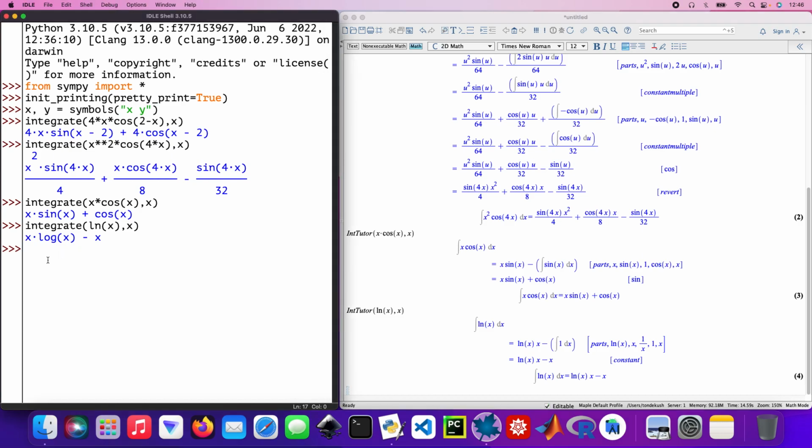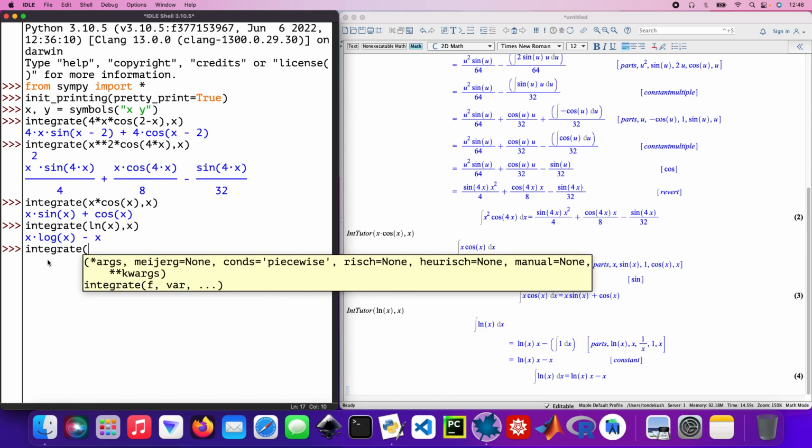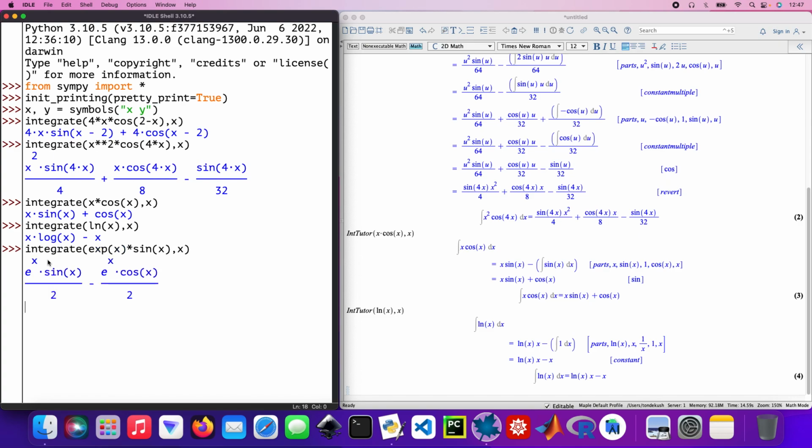And then the final one, so integrate exponential x times sine of x with respect to x. And then we do the same thing here as well.